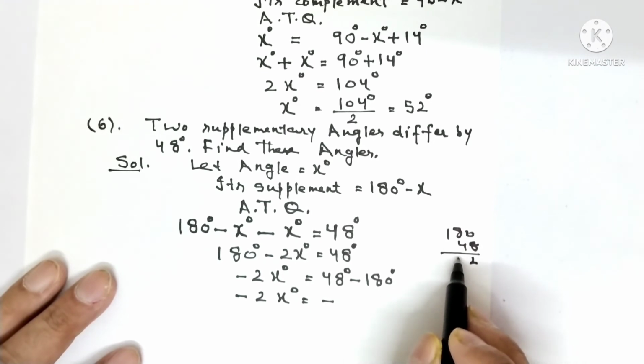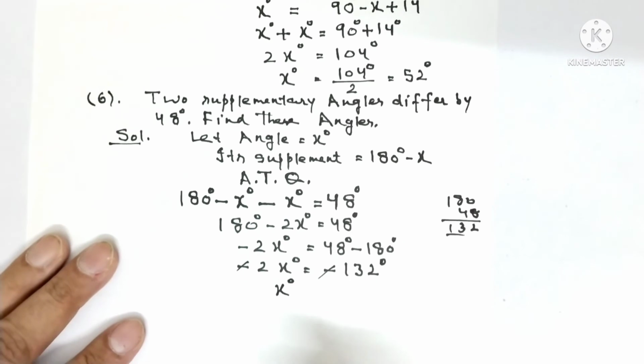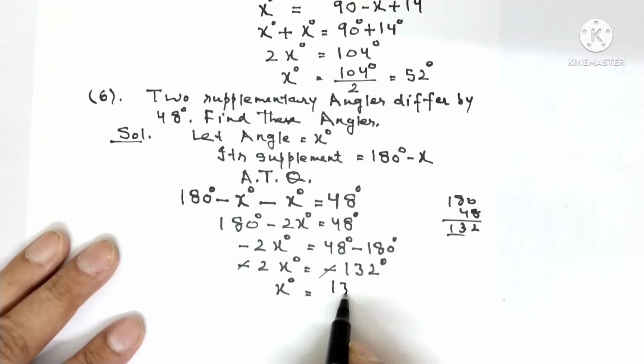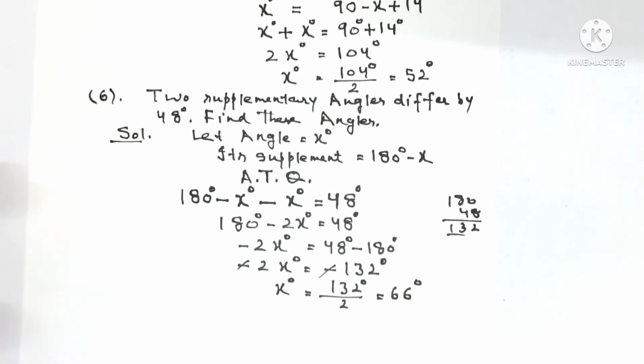10 minus 8 is 2, 7 minus 4 is 3, and this is 1. Minus 132 degree. So minus minus is cut. X degree will be equal to 132 degree divided by 2. 2 6s are 12, 1, 2 6s are 12, 66 degree, right?